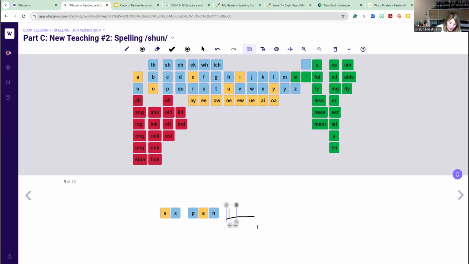EXPAN, question mark, ION, and I'm going to see that it is indeed going to be an SION tile. Okay, expand to expansion. Okay, so far we've talked about if it says zhun, it's spelled SION. We've talked about if it comes after most consonants, it's TION. If it's an L, it's SION, and if it's an N, you have to look it up.